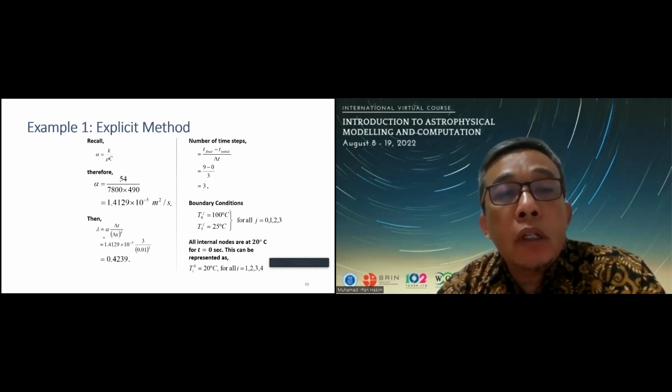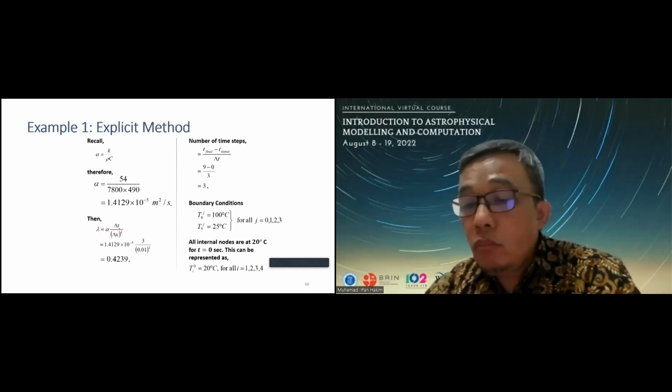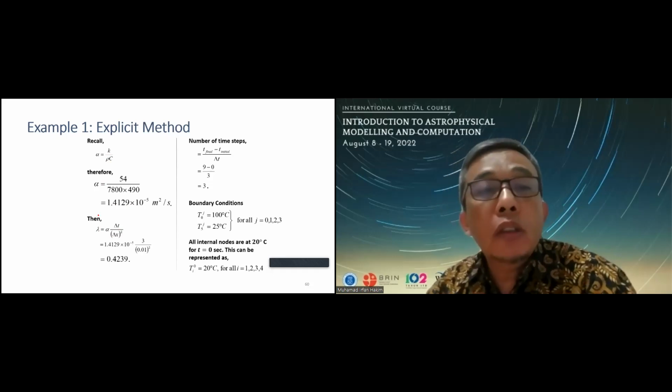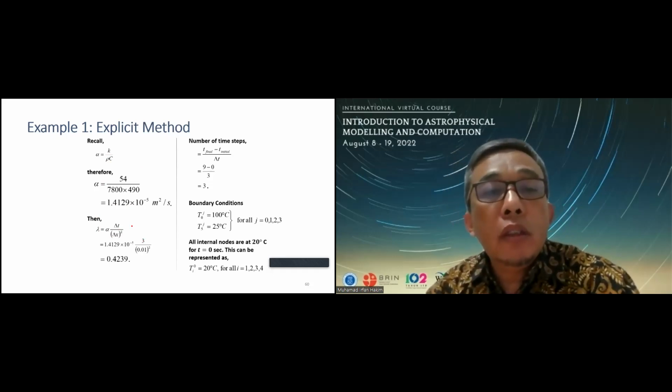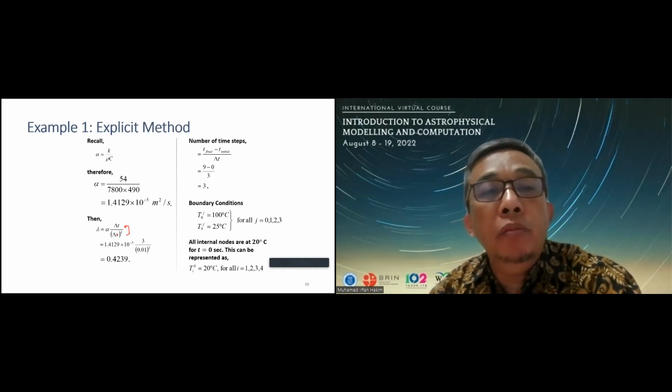Then we have the value of the comparison of time dimension with spatial dimension here.